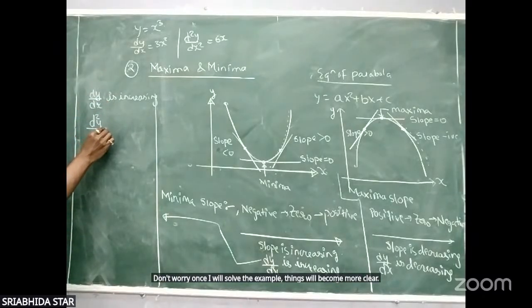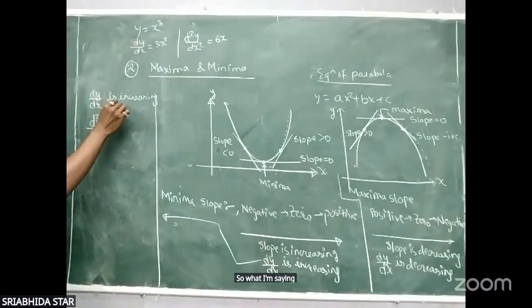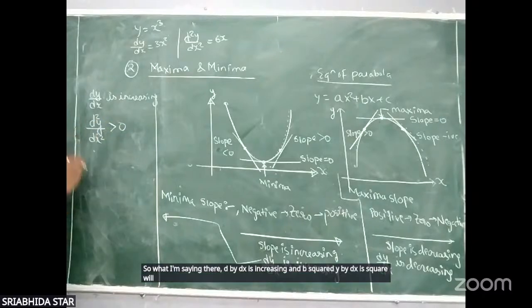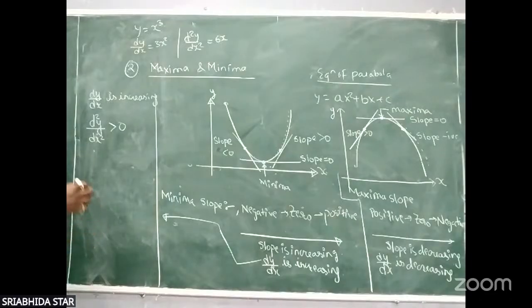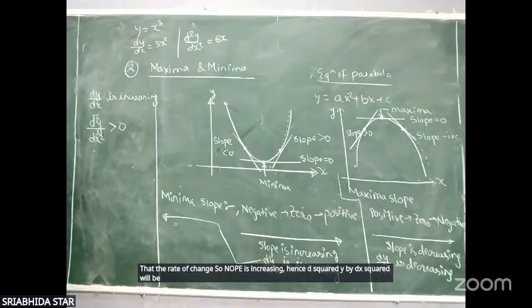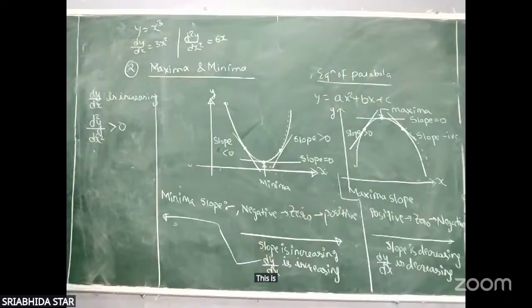So what I am saying is that dy by dx is increasing and d square y by dx square will be positive. That rate of change, slope, is increasing, hence d square y by dx square will be positive. This is the condition for minima.